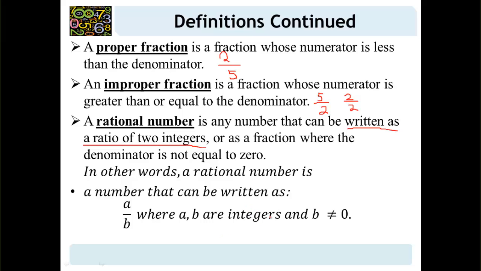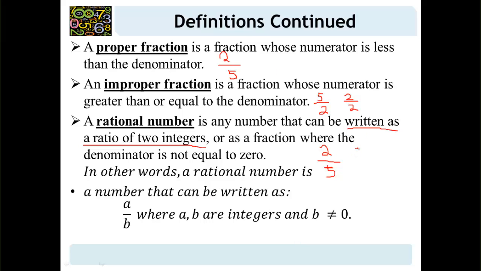Now it must not be a ratio the first time you say it, but you can write it as a ratio of 2 integers, or as a fraction, provided the denominator is not equal to 0. For instance, 2 out of 5 is a ratio of 2 integers. 2 is an integer, 5 is an integer. So this is also a rational number.